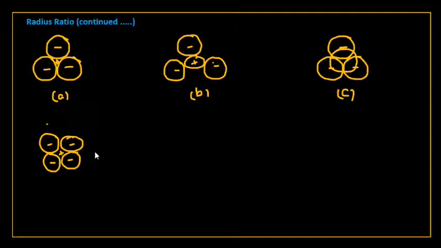Now in the next figure, the cation became a little bigger, so the spheres will be arranged in this way.